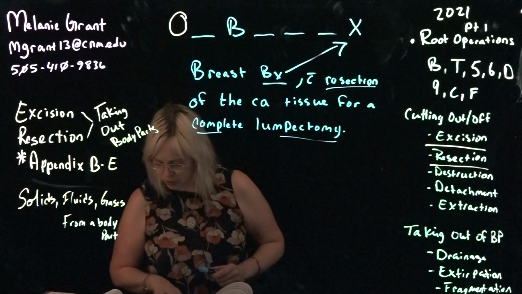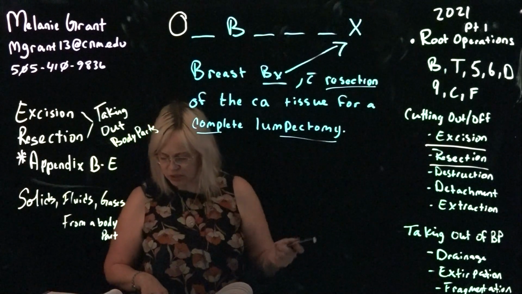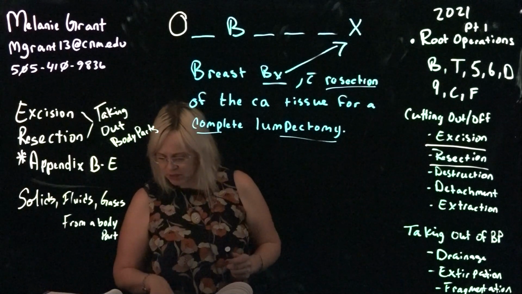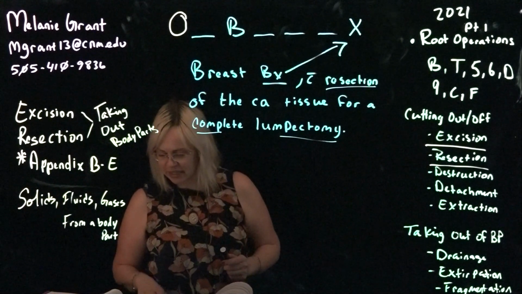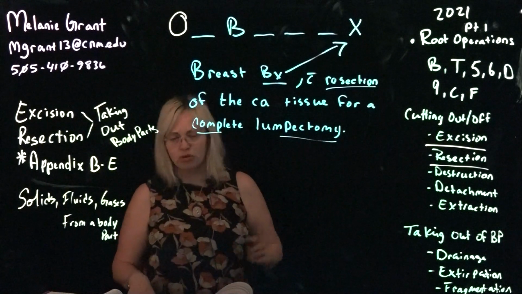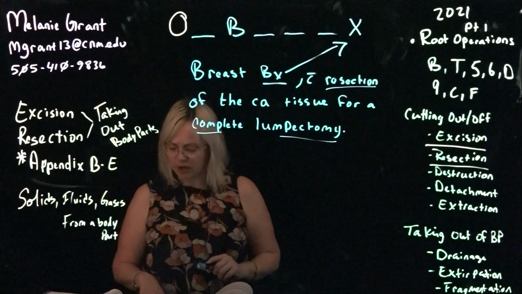Okay, so your fluids or gases are going to fall under drainage. Extirpation is only solid matter such as a thrombectomy. And fragmentation is a lithotripsy. And how do I know the difference between taking or cutting out, extirpation, from taking out a body part?